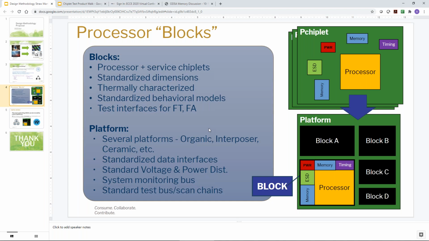I would say that the level of the marketplace is the block. And someone who is interested in selling chiplets needs to define their core processor plus services that are going to plug into the platform. That's why the platform needs to be defined. I also want to go back to one of your earlier points. You said the mission of ODSA is to set up a marketplace, but I think that you can't have a marketplace without a market.